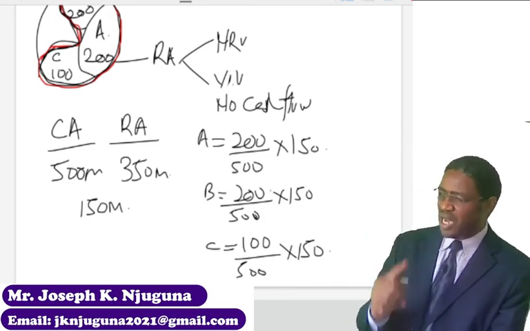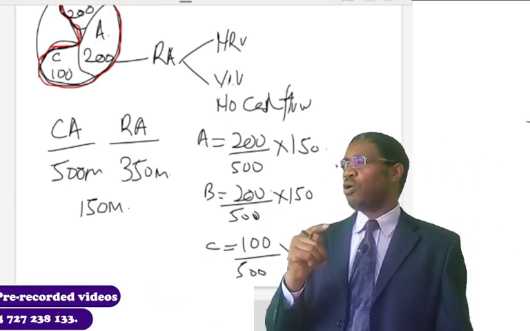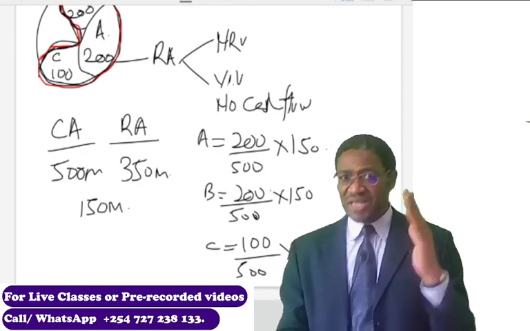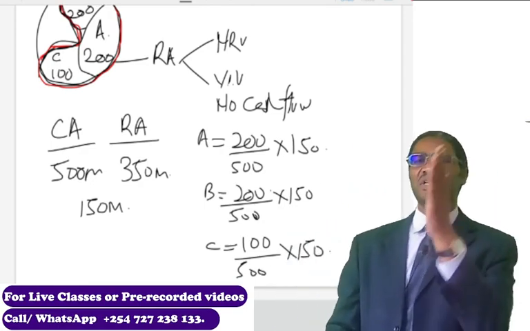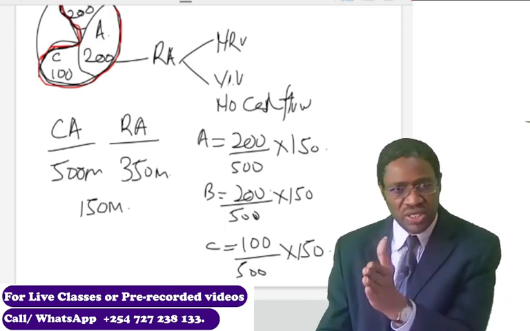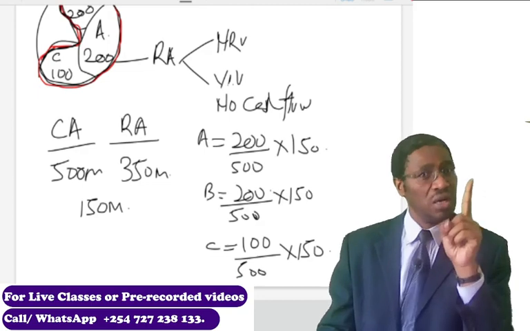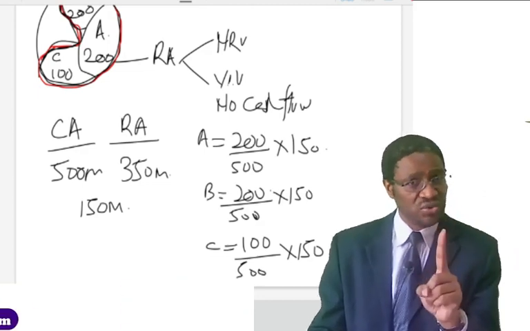Listen, that's how we allocate the impairment loss of a cash generating unit. How?